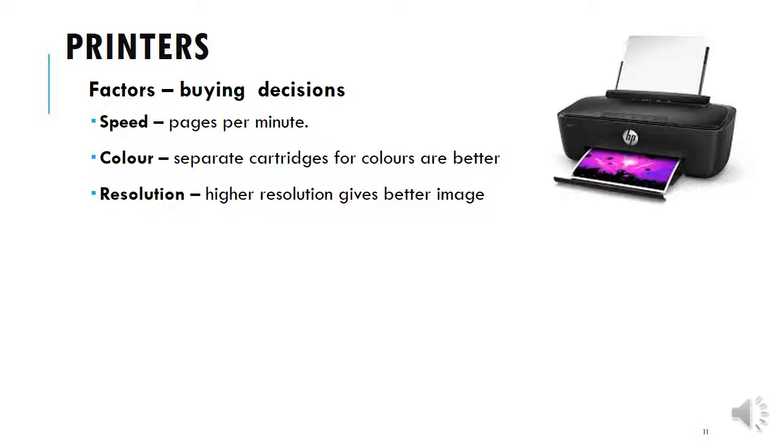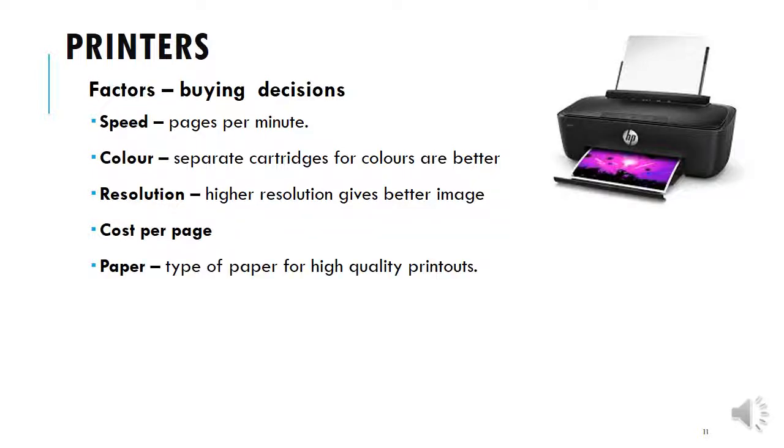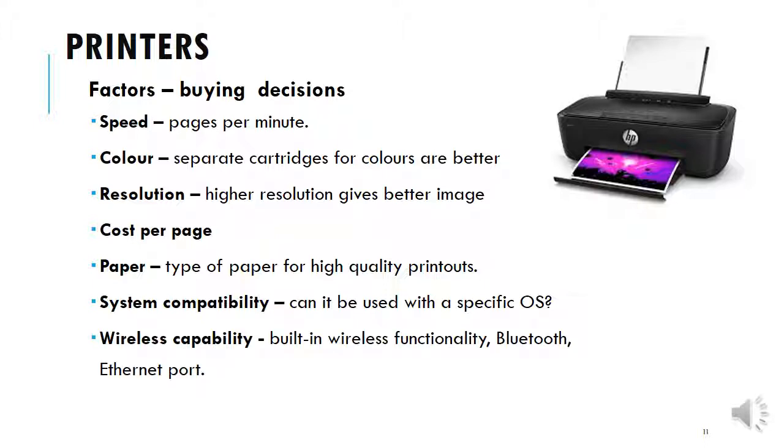The resolution. A higher resolution gives a better image. And then the cost per page is important. And look at the type of paper you need for high quality printouts. And then check that your printer can be used with the operating system that you are running on your computer.